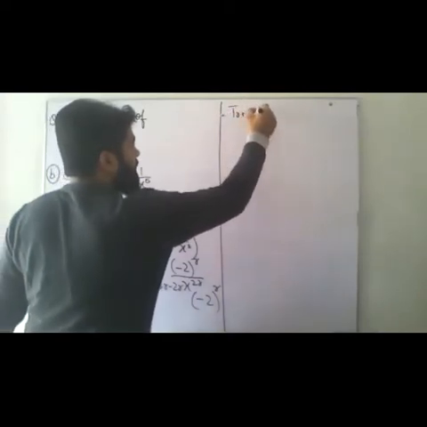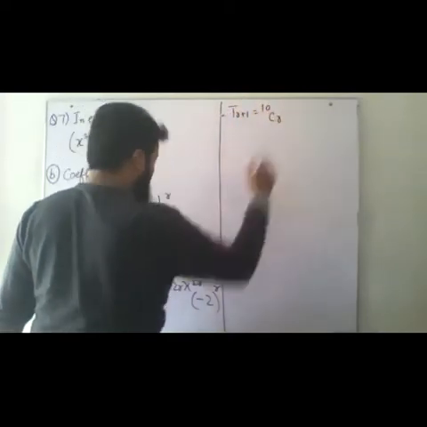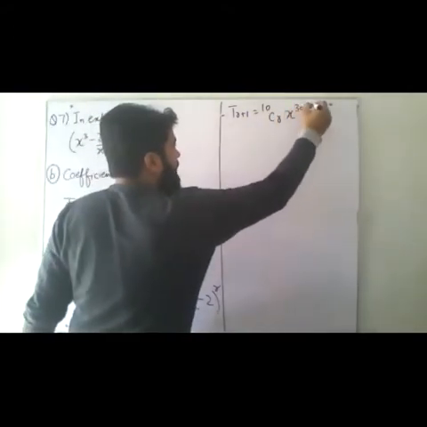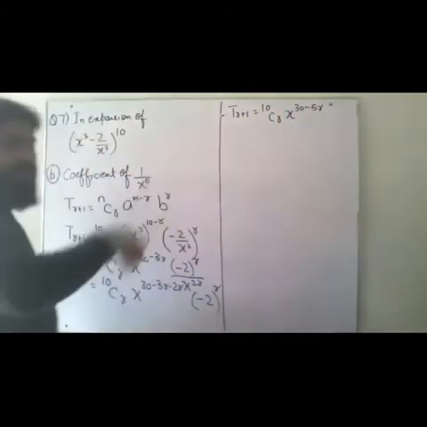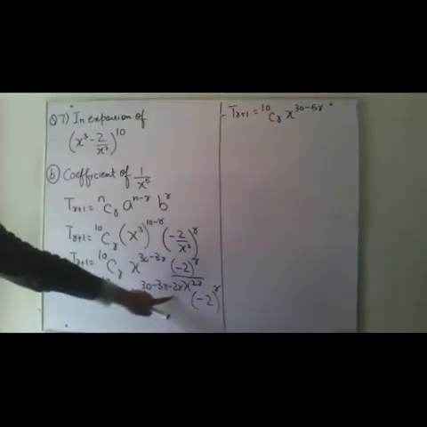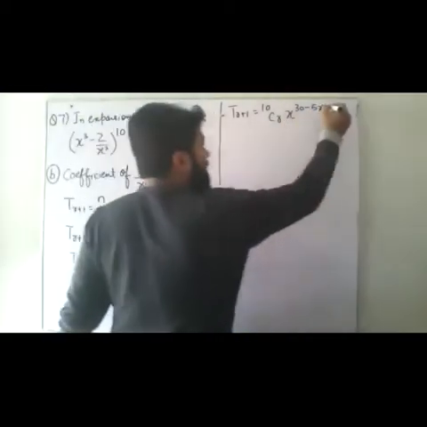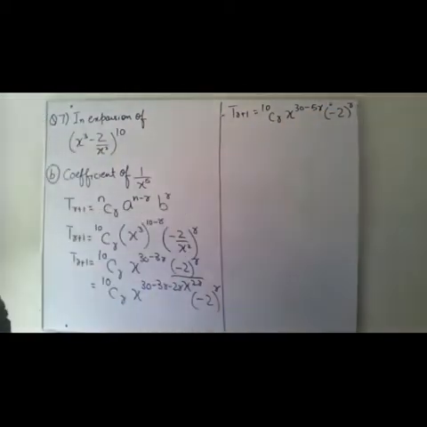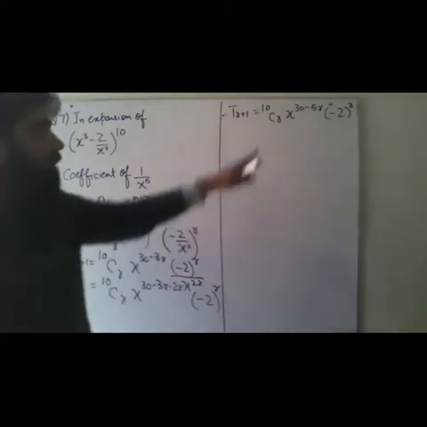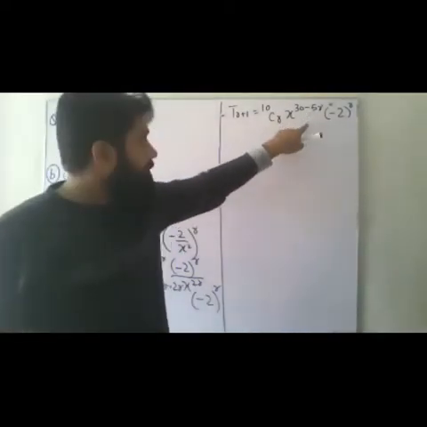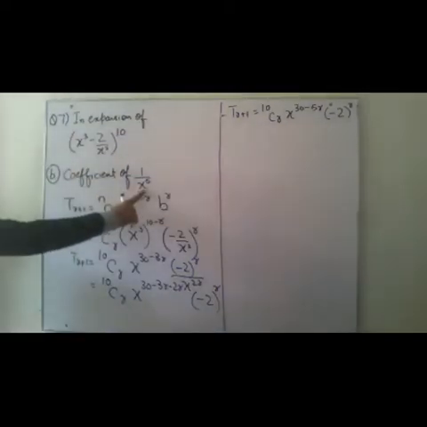So when I simplify it, T(R+1) equals 10CR. This will become x^(30 minus 5R). Just like in the previous part, it was 30 minus 5R, it is again 30 minus 5R. Then minus 2 to the power R. Nothing else I can do over here, and I have got a single x with a power. So now I'm going to compare this one with this.